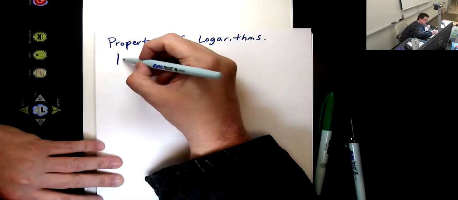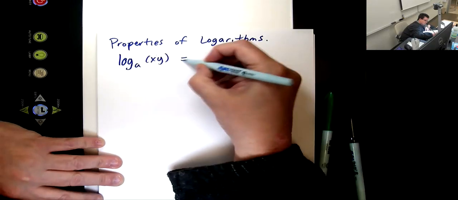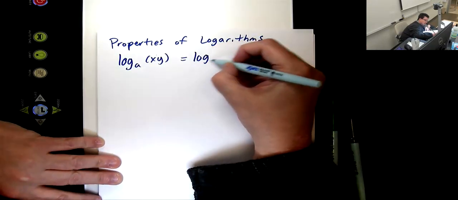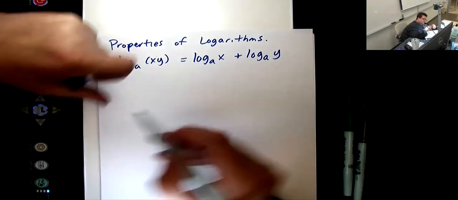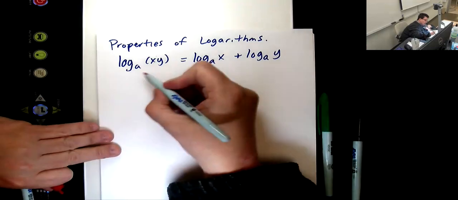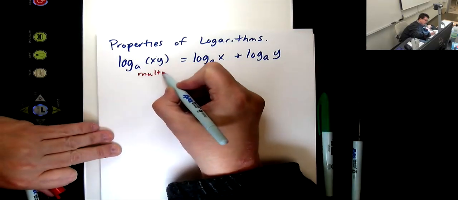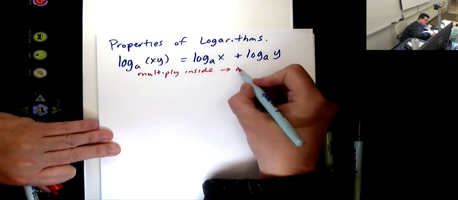We just showed one of them: log base A of XY equals log base A of X plus log base A of Y. Multiply inside turns to addition outside.